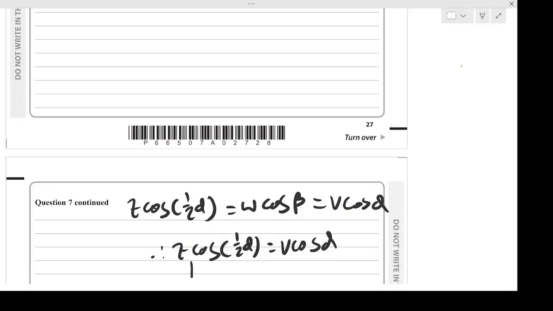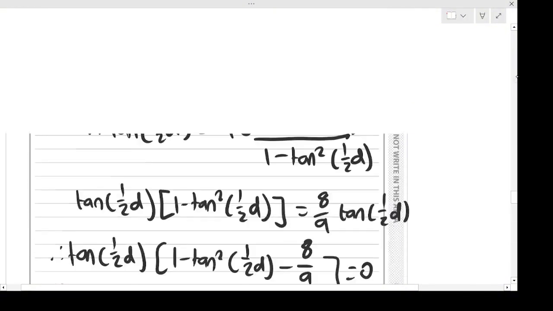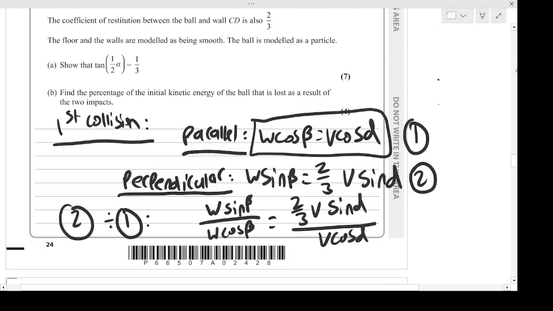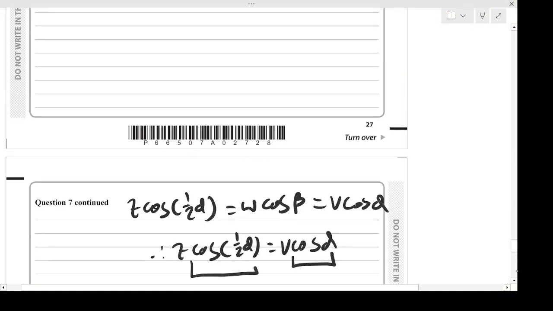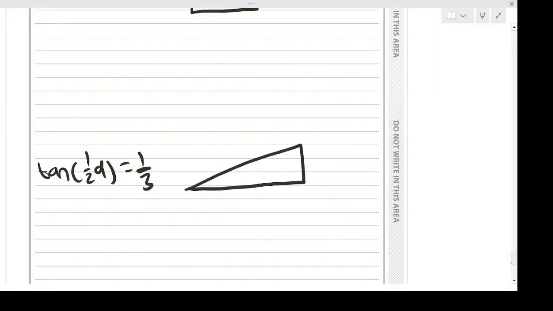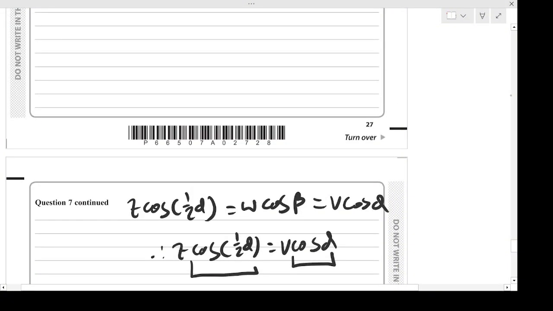So obviously we have to deal with this cos of a half alpha and cos alpha. But if you think back to part A, we gathered that tan of half alpha is a third. So what we can do again, we can use SOHCAHTOA, create a little triangle to deduce what cos of a half alpha will be, because that's what we want ultimately.